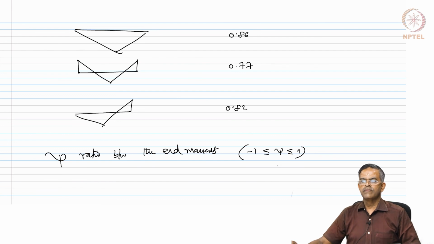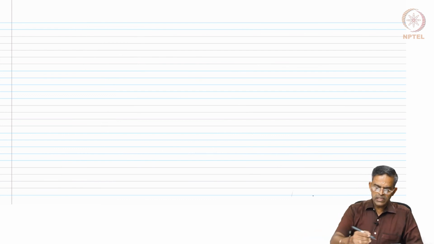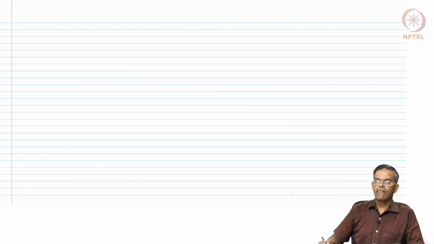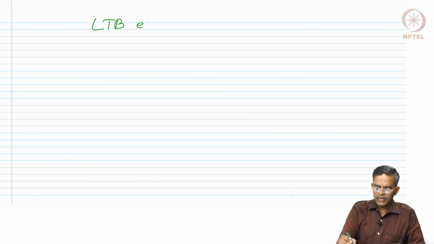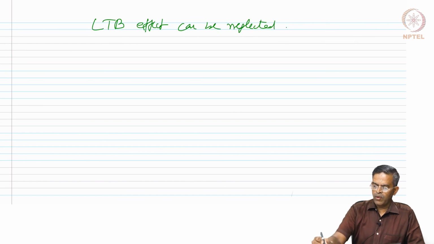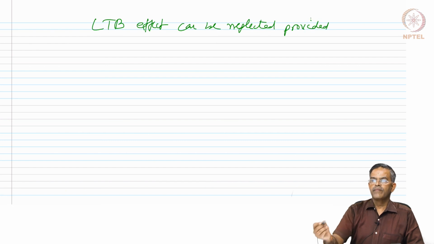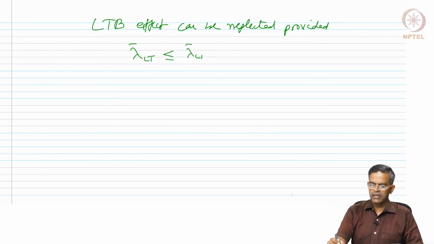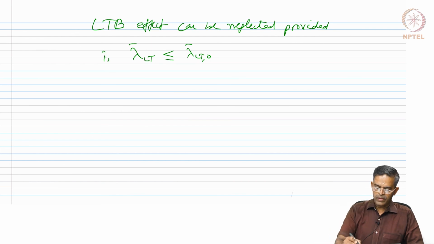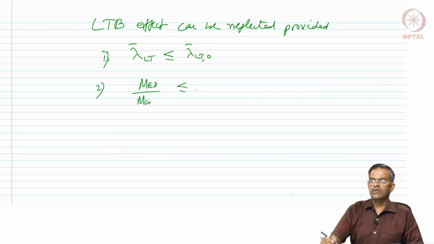Now, the code also advises, very interestingly, a statement: lateral torsional buckling effect can be neglected provided lambda bar LT is lesser than lambda bar LT 0 and M Ed by M cr is lesser than or equal to lambda bar square LT 0.